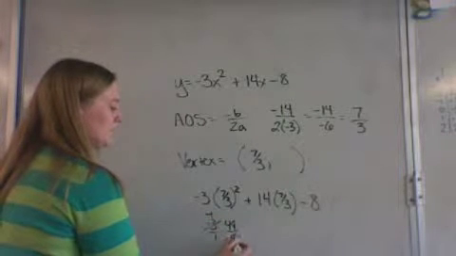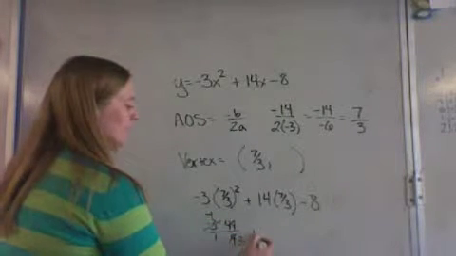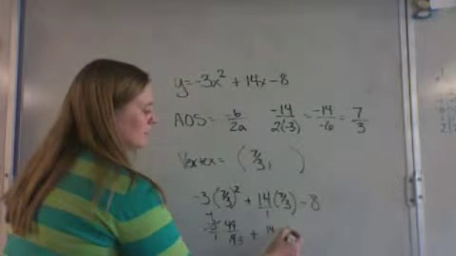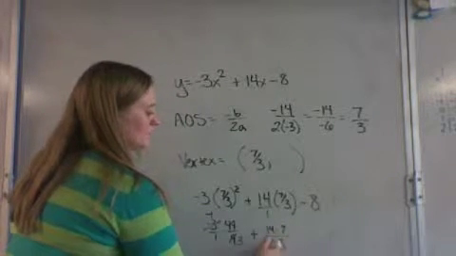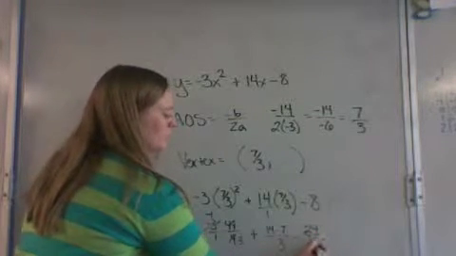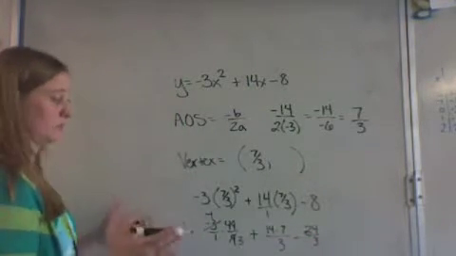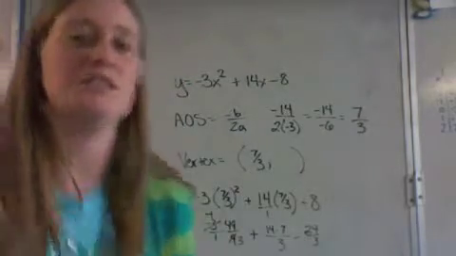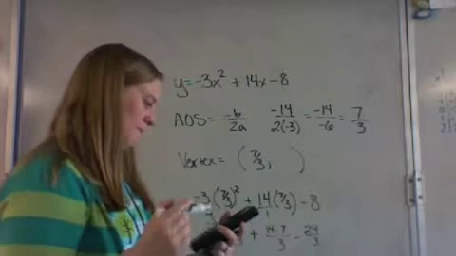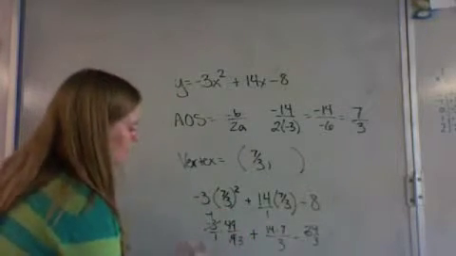This is going to be negative 1, this is going to be 3. And then I'm going to do the same thing here. 14 times 7 over 3 is what's going to end up here, and minus 8, which is the same thing as 24 thirds. I'm going to just write everything in thirds because I know that's what I'm going to be dealing with. 14 times 7, I'm going to use my calculator, is 98 thirds.